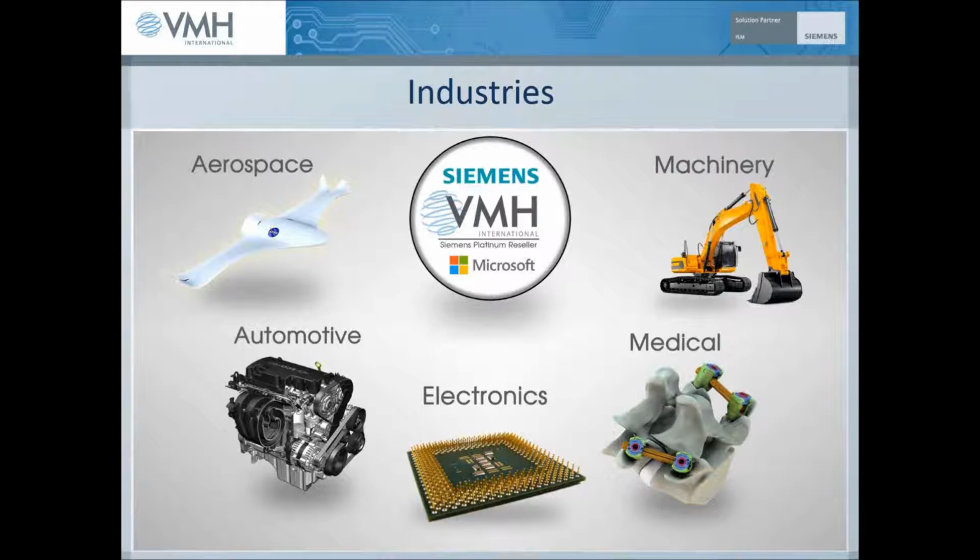And the machines, which we really have a big footprint in, companies like Caterpillar, they use our products as well to manufacture their machines. And finally, medical. So those are the industries that we have a footprint in and that we're making significant headway in.